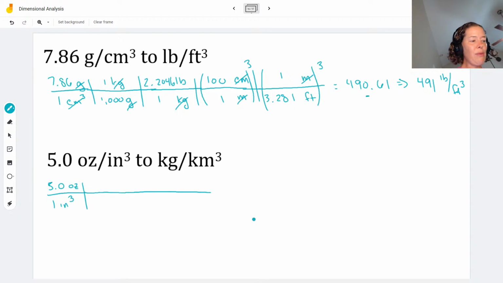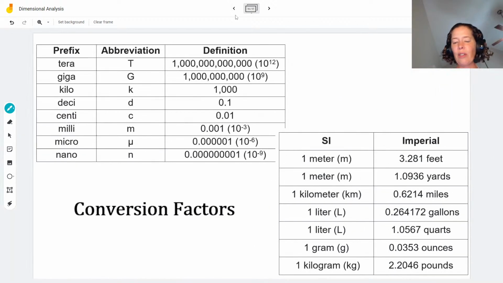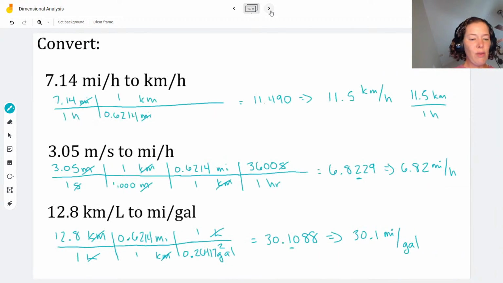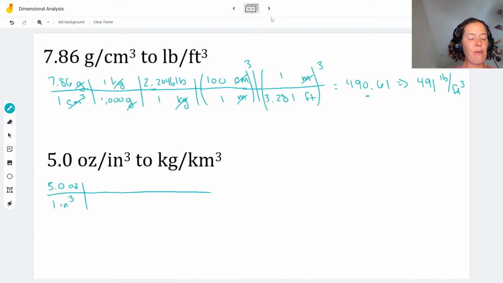All right, so now I'm first thinking ounces to kilograms. Let's go back to my conversion factor. This is to kilograms. Okay, I can go ounces to grams, and then of course I can go grams to kilograms. So that is my game plan for this one. Let's get some numbers in.